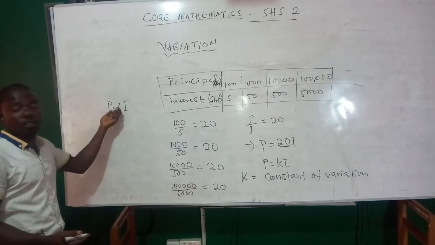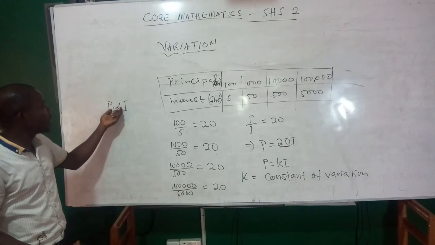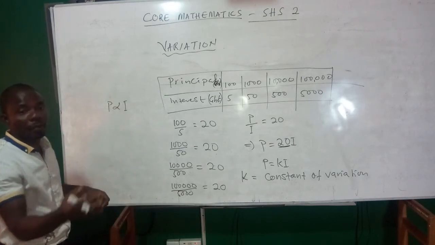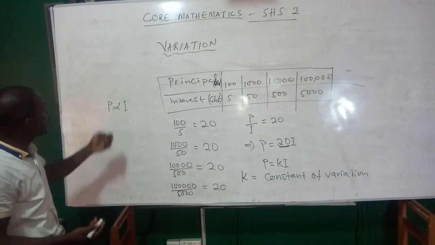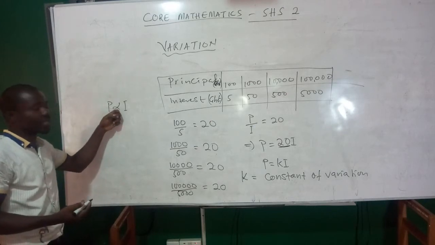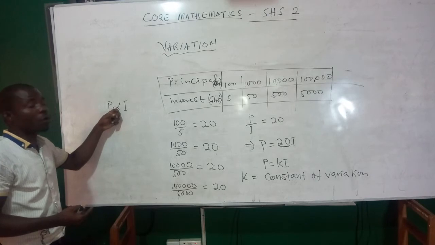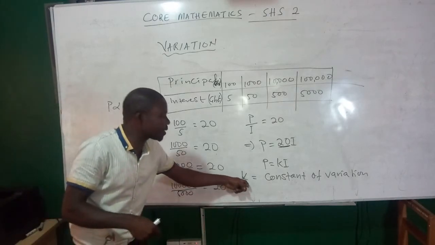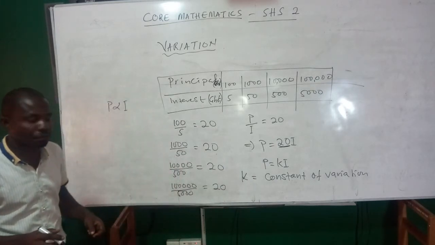So we have to introduce the equal sign to help us solve for whatever variable we are looking for. And the moment we introduce that equal sign, this symbol is removed. And then we introduce the K, which is the constant of variation.